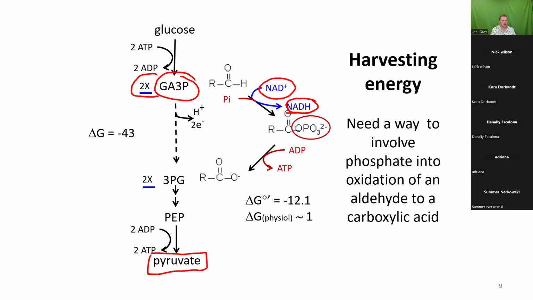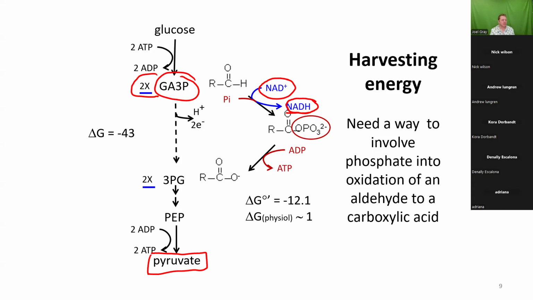There's no charge. Okay, so we've gone from something positive to neutral. So what has happened to that NAD plus to make it NADH? What has been added to it? I mean, the letter H, obviously, and a hydrogen, but it gained an electron. You're absolutely right. So when something gains an electron, what's that also known as? It got reduced. You're absolutely right.